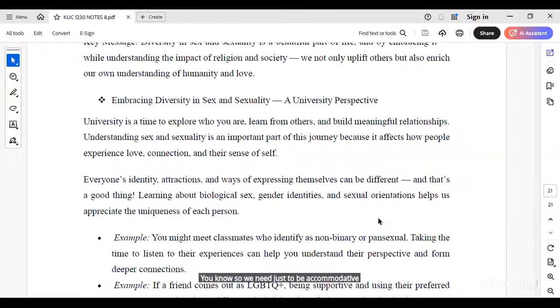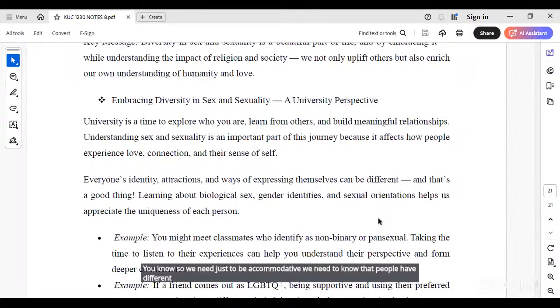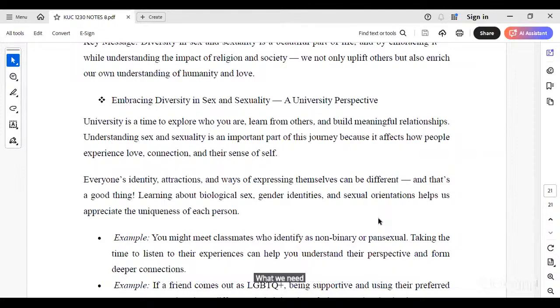We need to know that people have different ways in which they express themselves, in which they connect, in which they identify themselves. And each of those, there is no right or wrong. What we need to do is know that they are there, and we appreciate the uniqueness of each person. We need to accommodate.